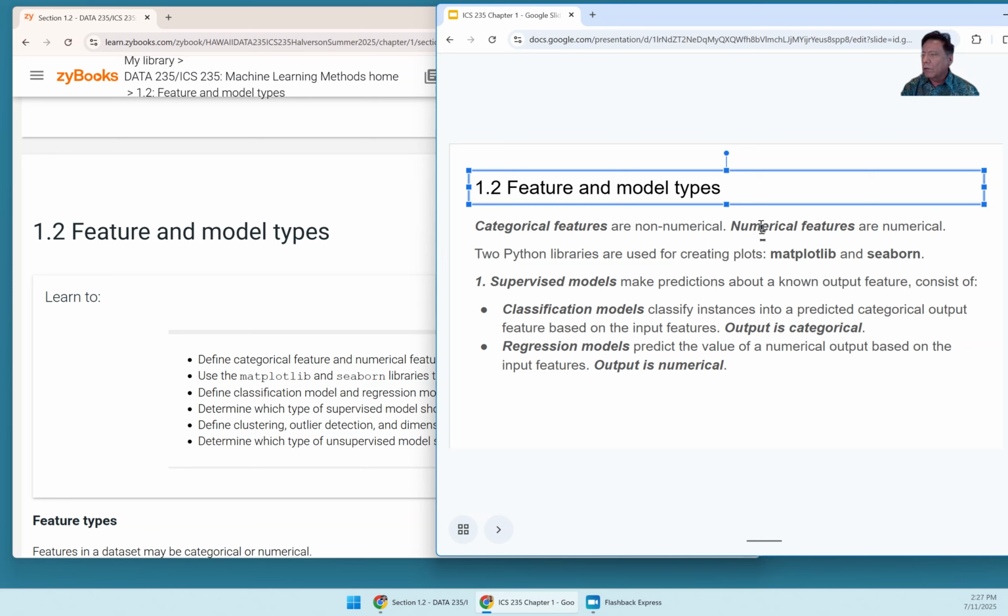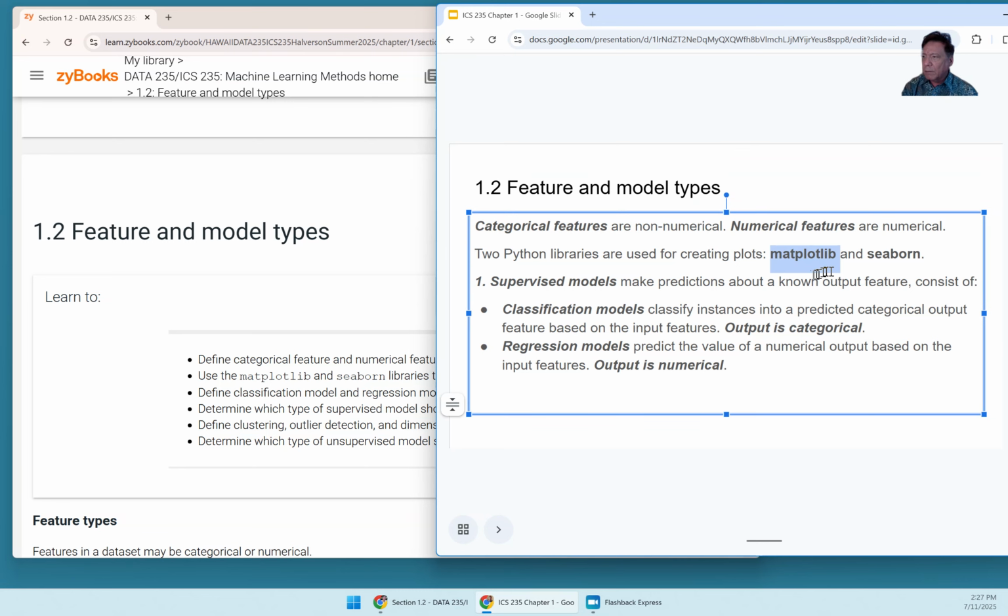And numerical features are numbers that you can add and subtract and multiply and so on. These are both inputs and outputs. And for displaying data, for creating plots, we're going to be using the Matplotlib library and Seaborn.